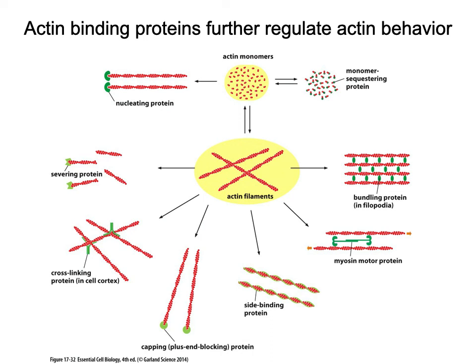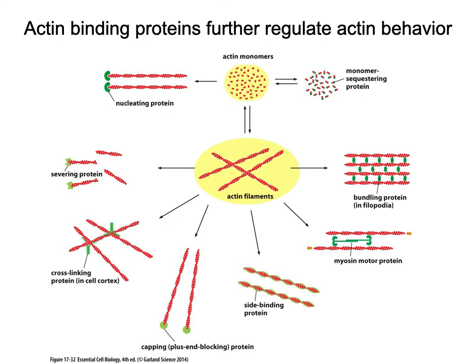There's also going to be nucleating proteins. So these are going to cap and stop progression of the actin filaments for monomers being added in. We can also have severing proteins. So these are going to break the actin, so we'll end up with small actin filaments.